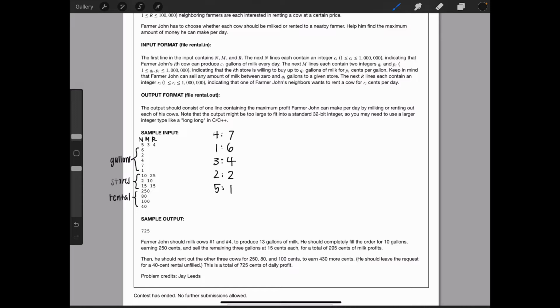The best way that Farmer John could get money is using the cows that make the most gallons to sell milk, and the cows that make the least gallons to rent.